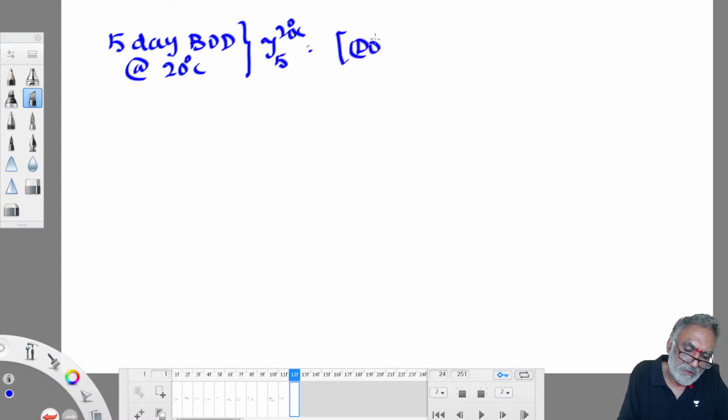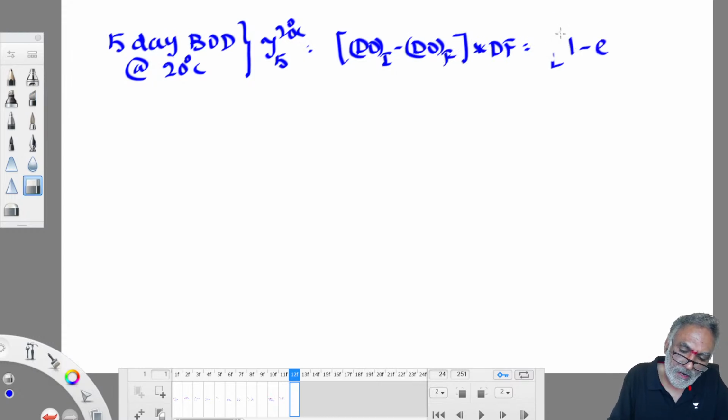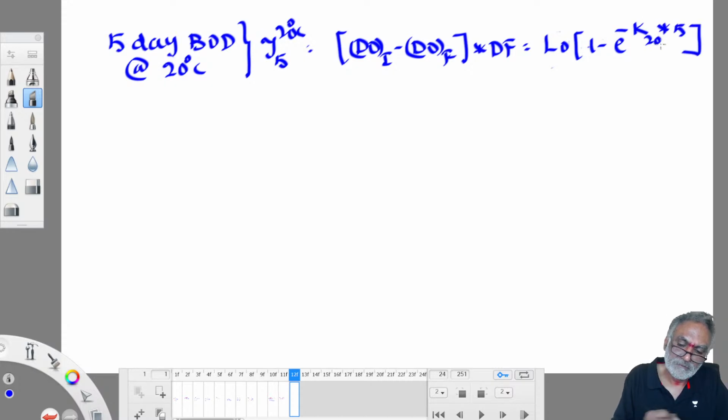So this is equated to DO initial minus DO final into dilution factor, which is also equal to L0 into (1 minus e power minus kt). Kt means k20 into 5. So from this, by equating, we can find out the L0 value and k20 value.